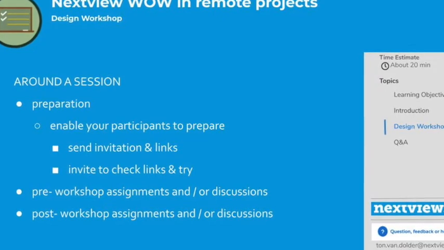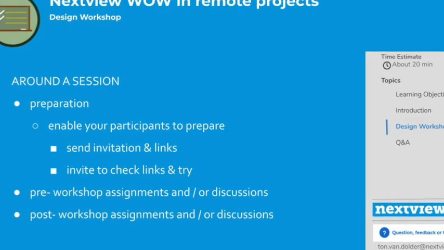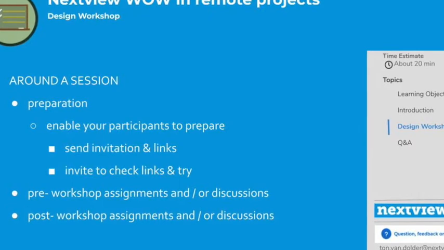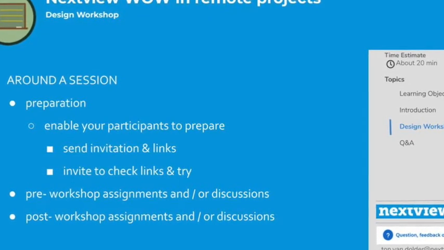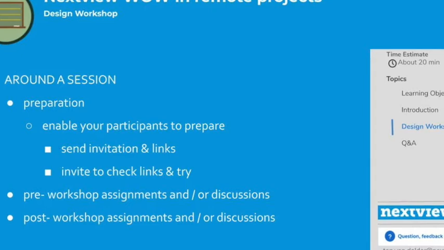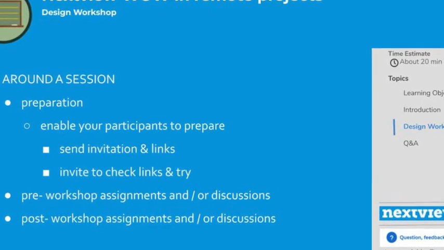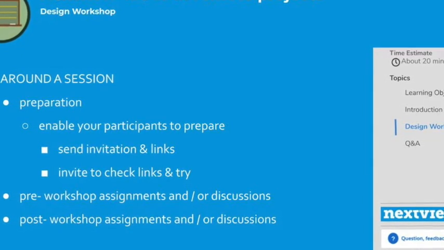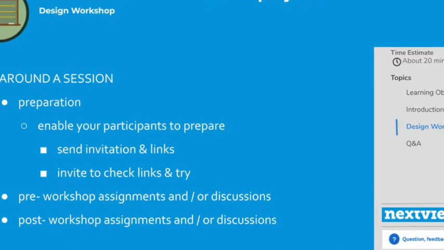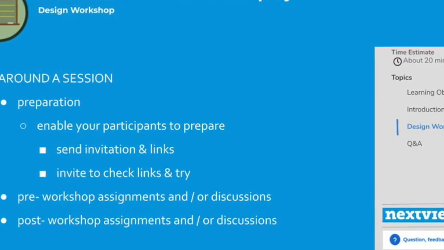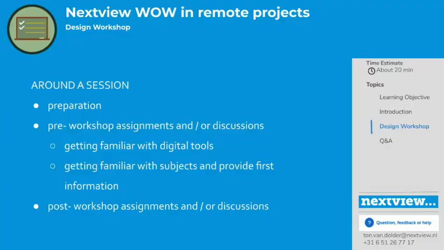But the absolute minimum that you should be doing is providing all the information that they need on how to participate, including all the different links of all the different programs that you will be using, inviting them to already check the links and the digital tools up front, especially if they are unfamiliar with the tools in the digital environment that the workshop will be hosted in.